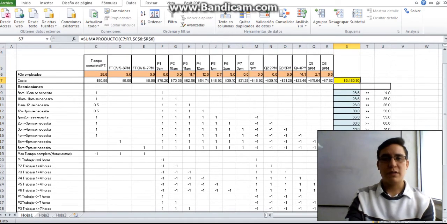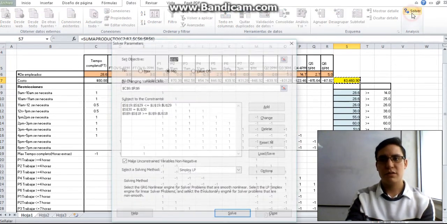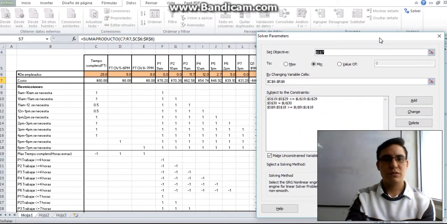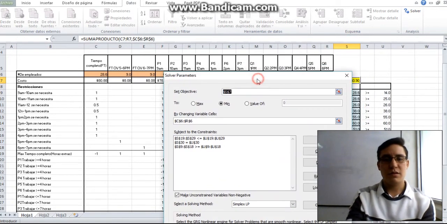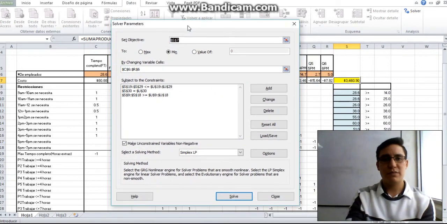And finally, with Solver, I choose subject to the constraints. Solver solves the whole exercise.